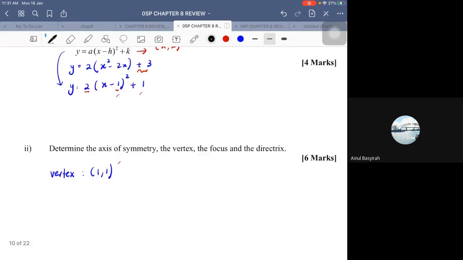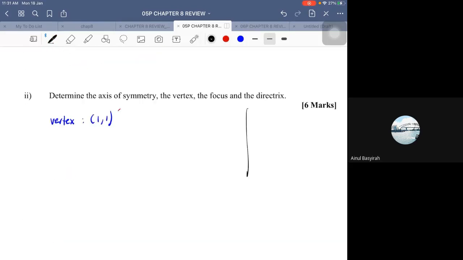So kalau I roughly macam nak lukis, nak tengok dia punya position, tak perlu koordinat betul pun, ni adalah sini, okay, this is going to be my vertex. So kedudukan dia dekat 1, meaning that this is going to be 1 and this is going to be 1 as well.